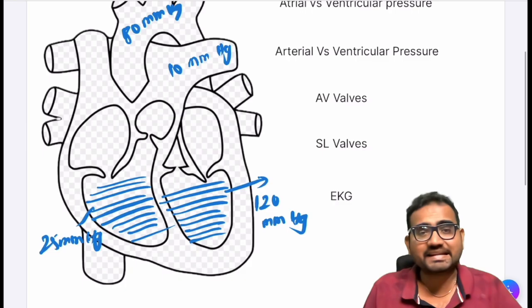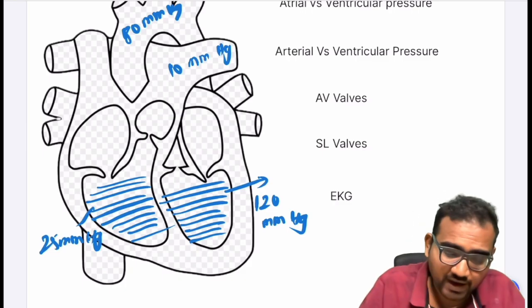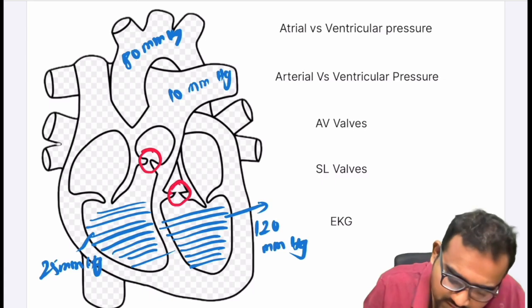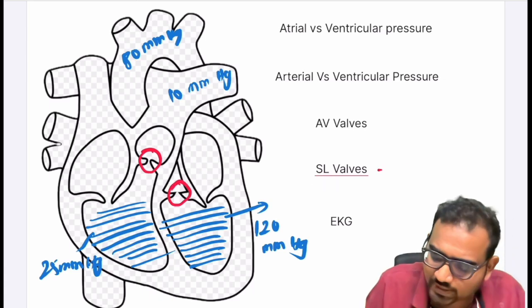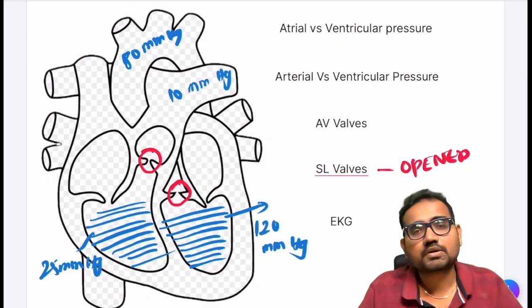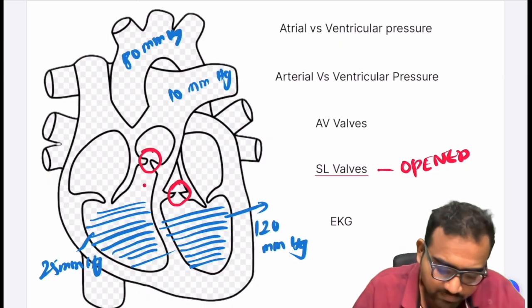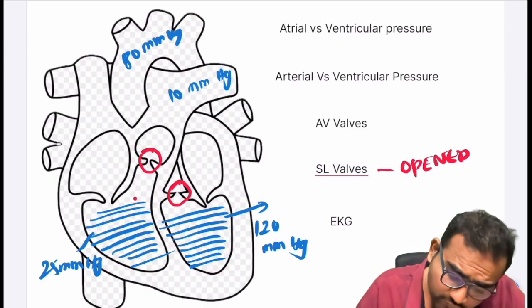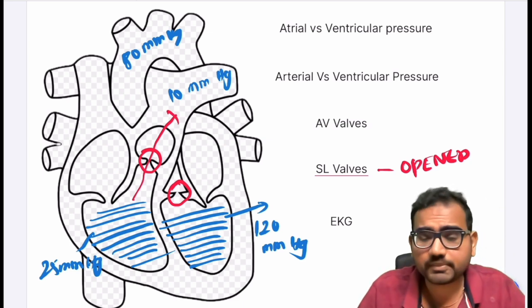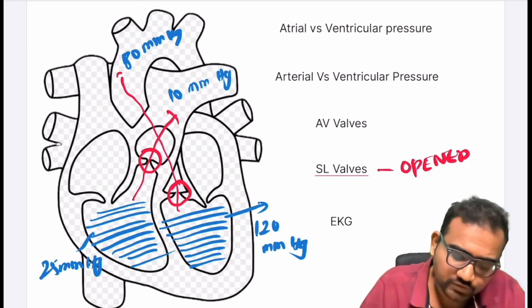So what happens? Because of the increase in pressure, the semilunar valves are going to get opened. There's going to be blood flow from the right ventricle to the pulmonary arteries and from the left ventricle into the aorta.